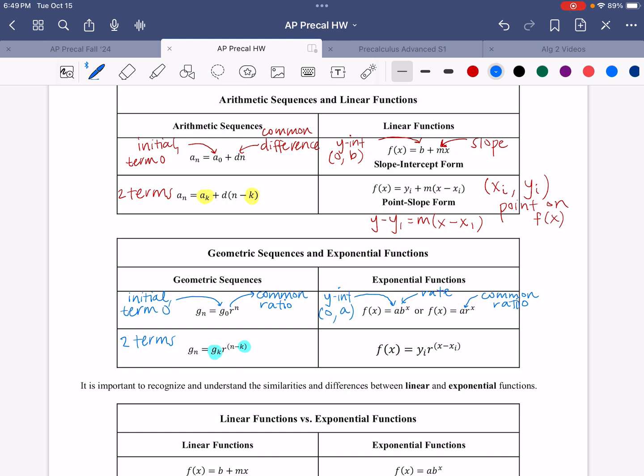And then it does the same thing below. You wouldn't have really done this in Algebra 1, at least I don't think so, but we could write an exponential function in a point form. We don't have to know the y-intercept. We would just have to know that (xi, yi) is a point on the function.